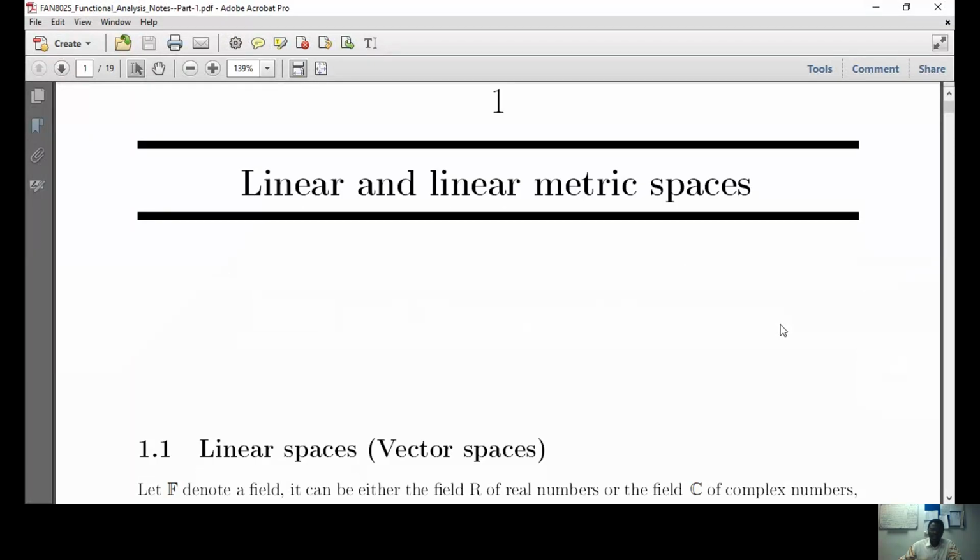Now we will go back to the normal progression of our module. So we are going to talk about metric spaces.